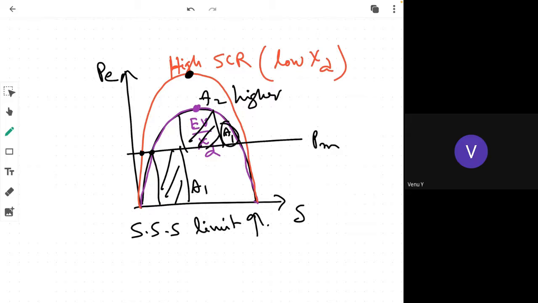So compared to the first one, it may be very low. This is A2. A2 will be higher.